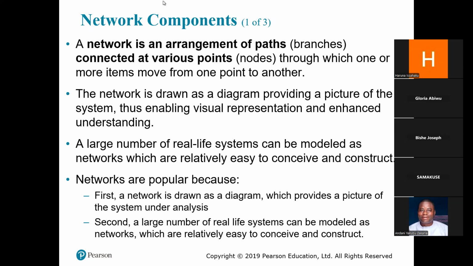So for instance, if you are looking at the connection of one community to other communities, it's a network. You require a network of roads. If you look at the connection of water from the generation points to the various households, towns, and communities, you are talking about networks. If you are looking at telecommunication masts being connected all across, you are talking about networks.